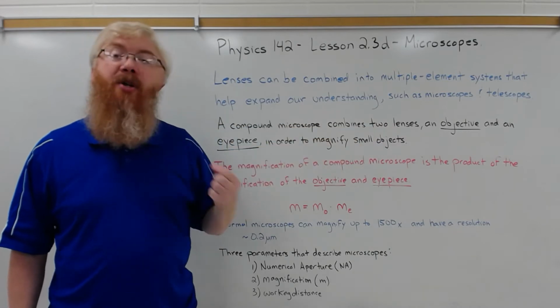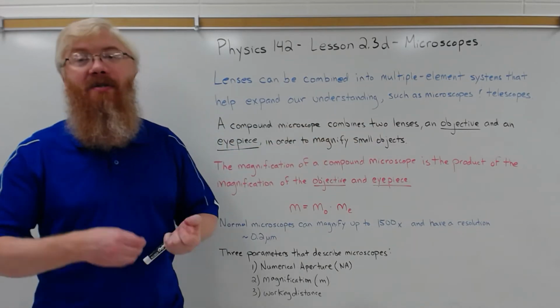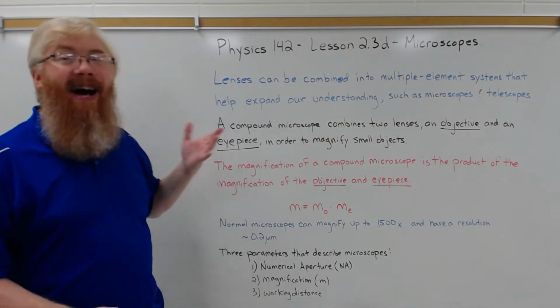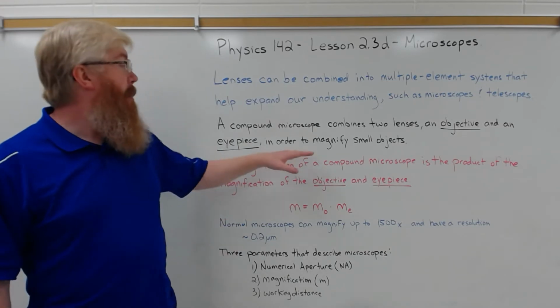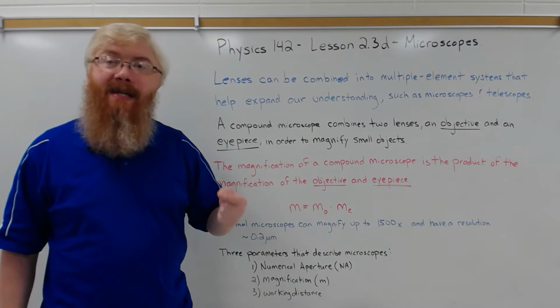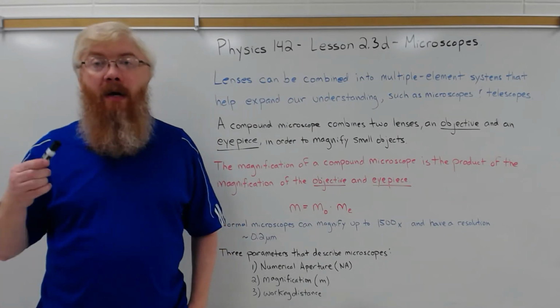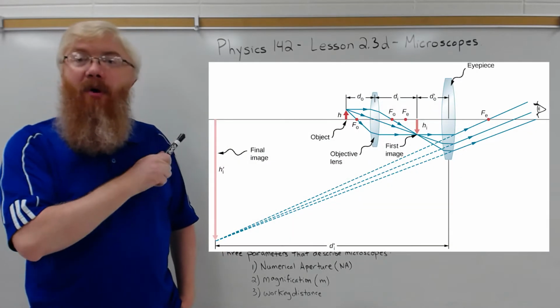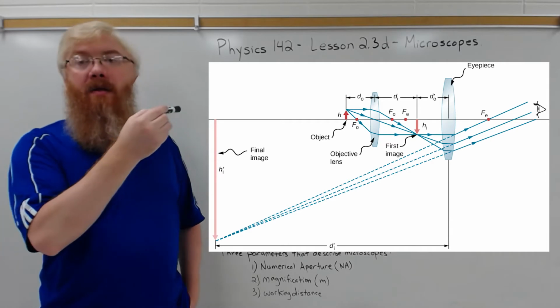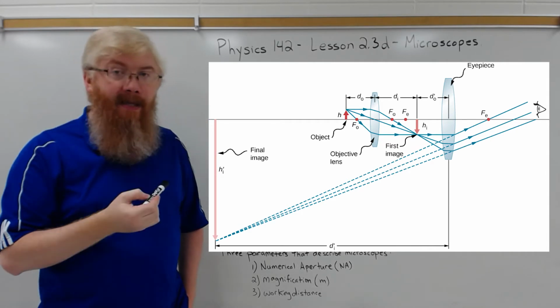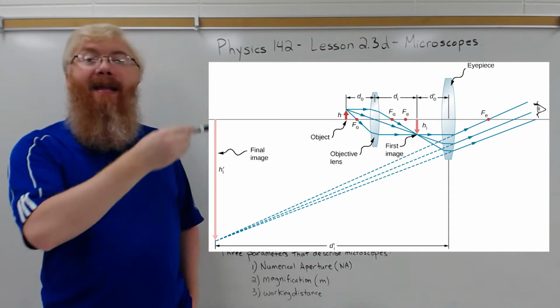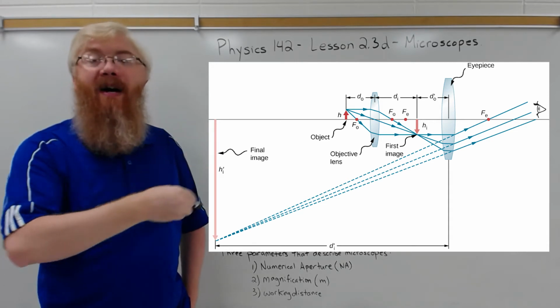So a compound microscope uses two lenses. One is called an objective lens, and that's the lens closest to the object. And the other is the eyepiece, which is not surprisingly the lens closest to your eye. By combining these two lenses together, in the diagram shown here in just a moment, you can see that the light rays bend as they go through both lenses, allowing an image to be magnified significantly.